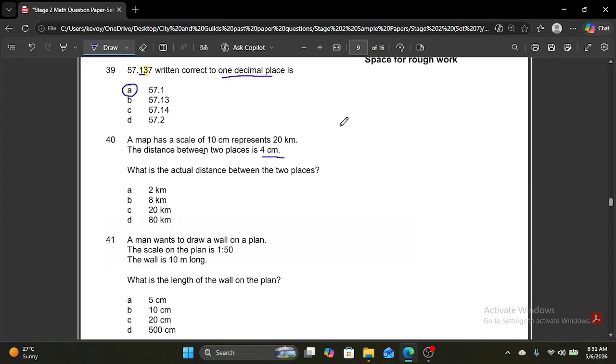So we have 10 over 20. The top represents centimeters, and below represents kilometers.